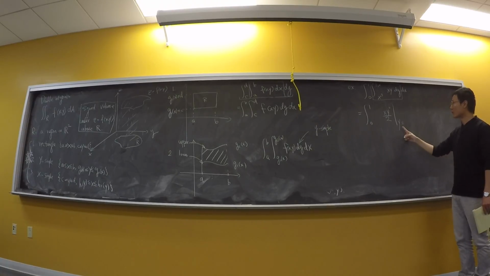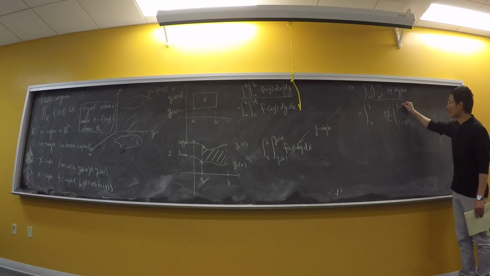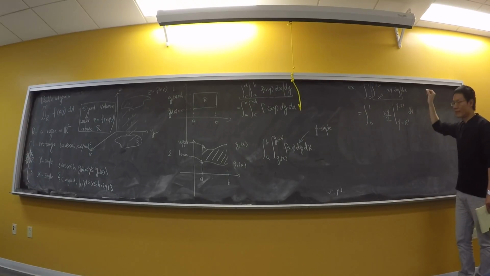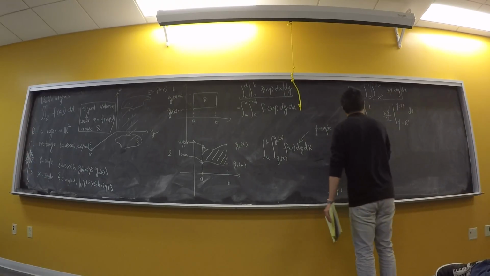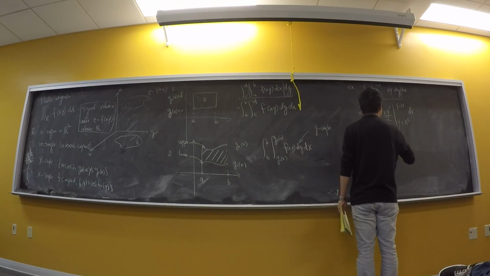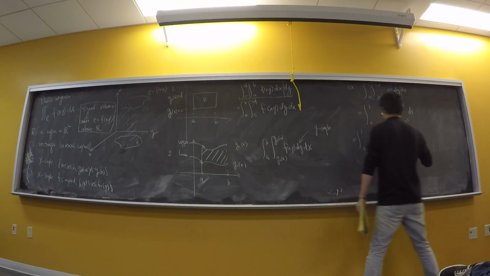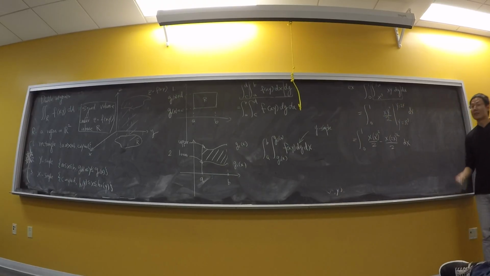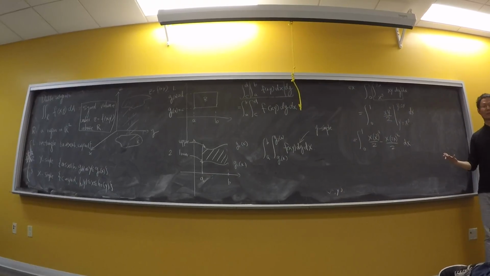I want to evaluate from y equals x cubed to y equals 2x, then dx. So the function I need to evaluate is half of x, y squared, at y equals x cubed. So this is half of x times x cubed squared minus half of x multiplied by 2x squared, dx.